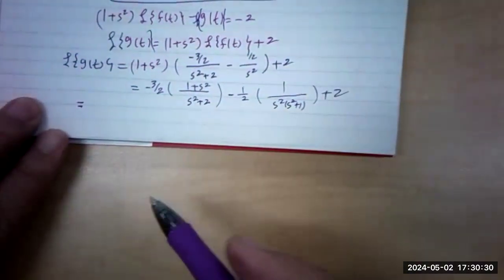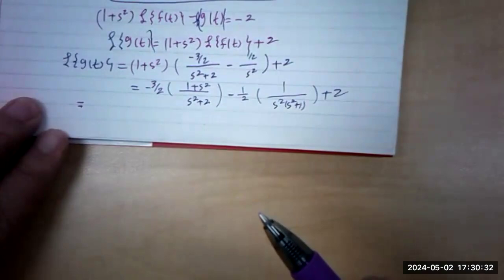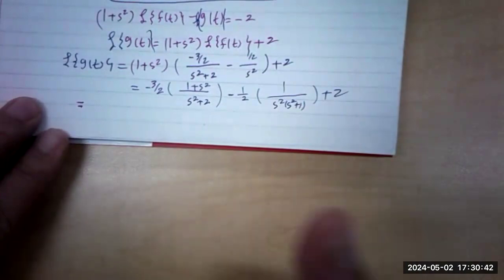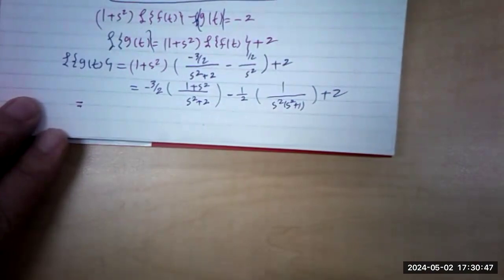Since you solved for the Laplace of g of t, are we just allowed to take the inverse Laplace of both sides? Is that not allowed? In this part it is not going to be a good one. You take the inverse of both sides if the coefficients are numbers.